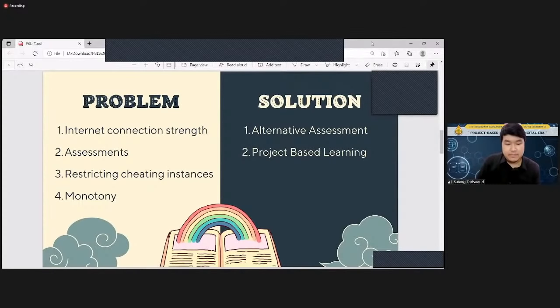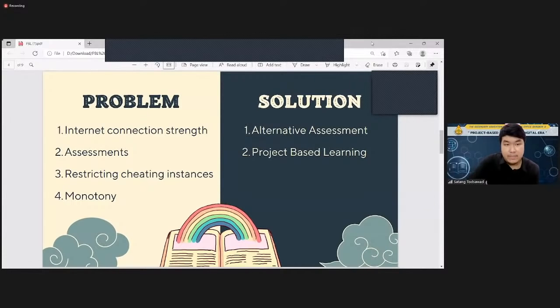The problem that we as teachers are facing nowadays is the internet connection strength. As we know, one of the major blocks with online learning is the lack of a strong and stable internet connection like the one used at home.